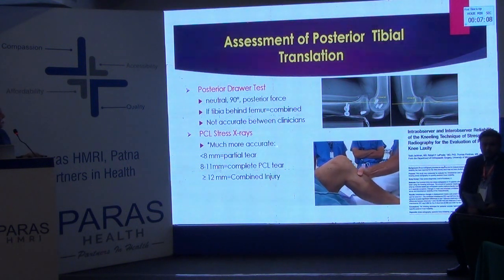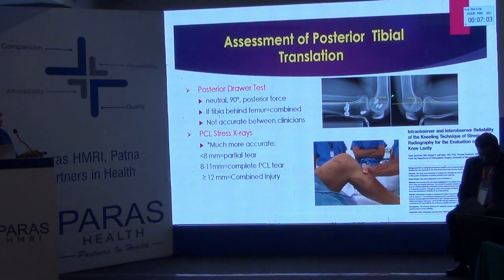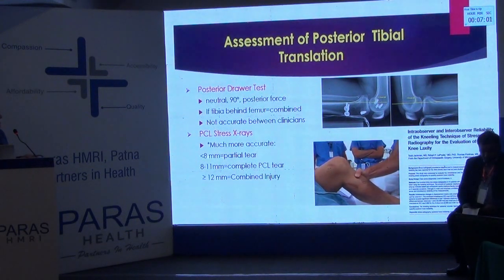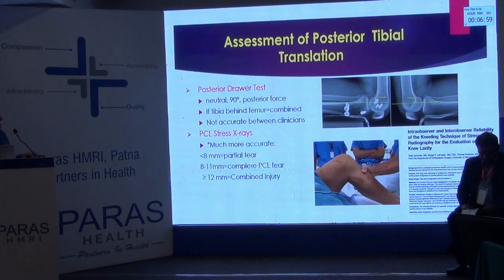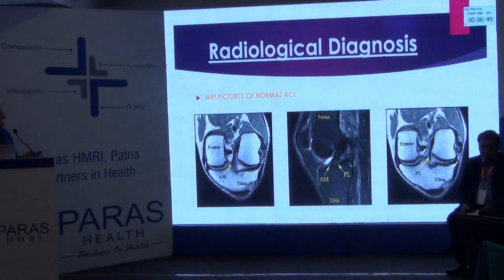The posterior drawer test is usually performed, but stress X-rays are much more accurate: less than 8 millimeters indicates a partial tear, 8 to 11 millimeters of posterior displacement indicates a complete tear, and more than 12 indicates a combined injury, usually with an associated PLC.